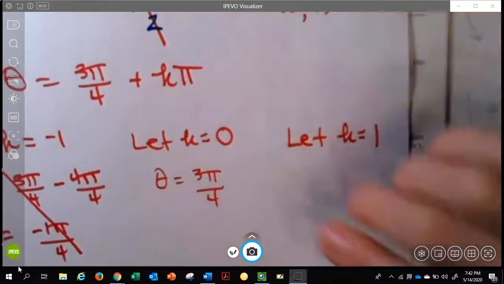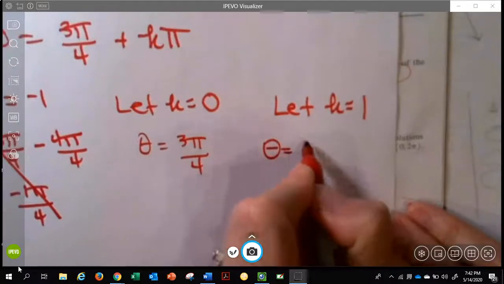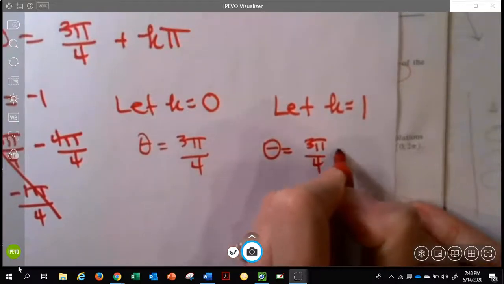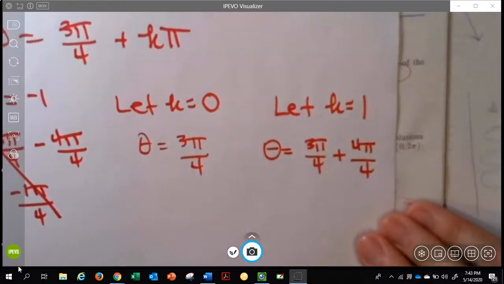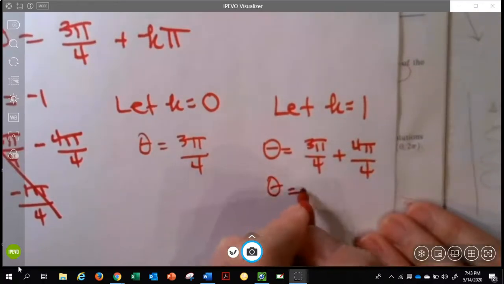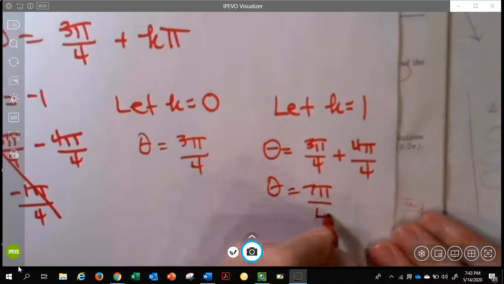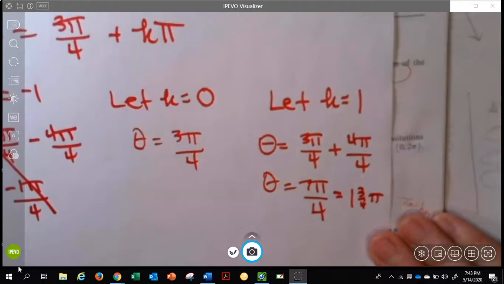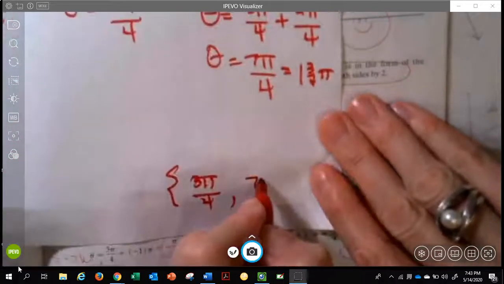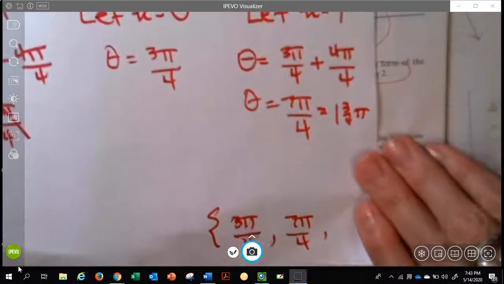When I put a 1 in here, my theta is 3 pi over 4 plus 1 pi. I'm going to change it to the denominator I need, 4 pi over 4, and I get 7 pi over 4. And in my mind, that's 1 3/4 pi, so it's not quite 2. So we have another winner, 7 pi over 4.